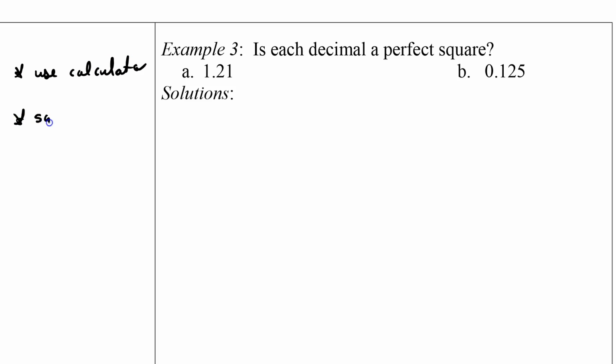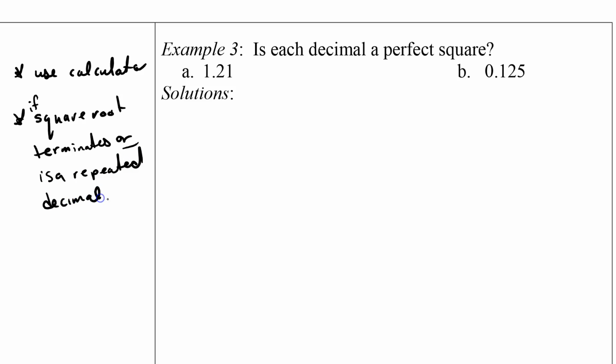If the square root terminates or is a repeated decimal, then the decimal is a perfect square.